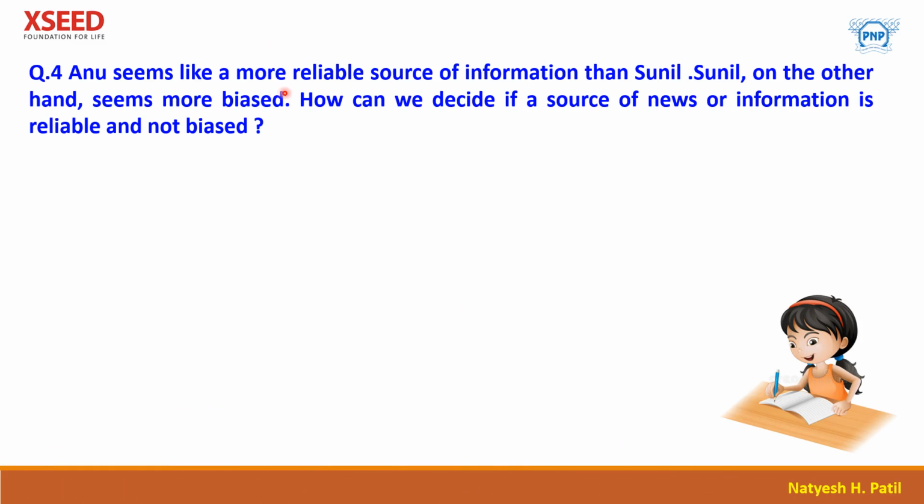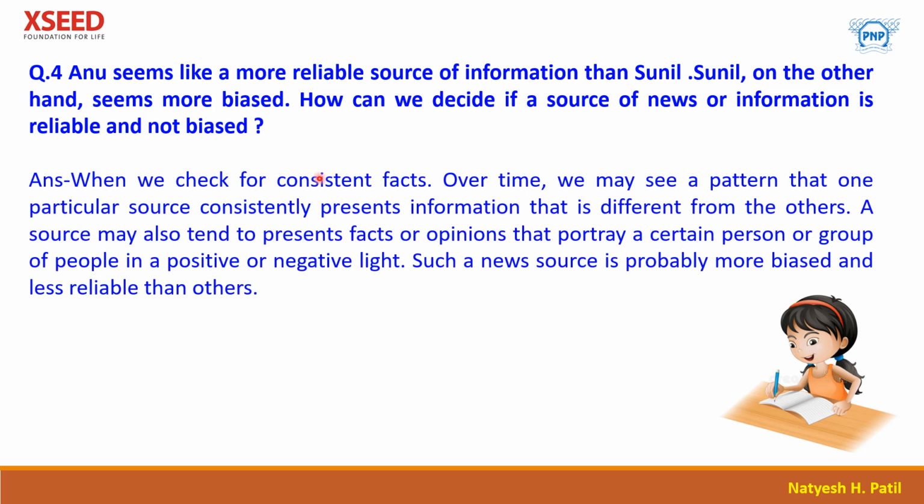Anu seems like a more reliable source of information than Sunil. Sunil, on the other hand, seems more biased. How can we decide if a source of news or information is reliable and not biased? What do you think? When we check for consistent facts over time, we may see a pattern that one particular source consistently presents information that is different from the others.